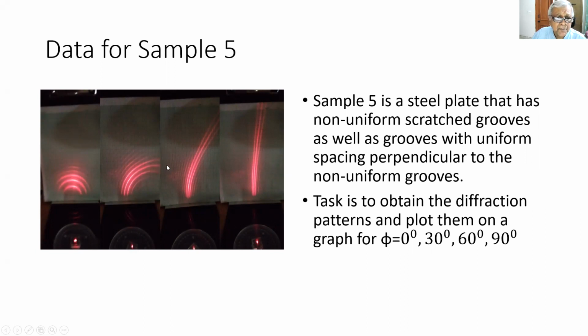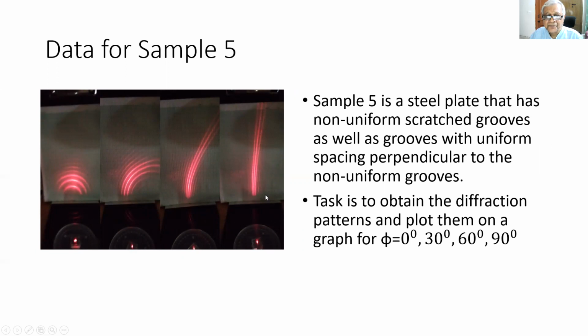Similarly with this, when phi is equal to 30 degrees, the non-uniform scratch grooves are at 30 degrees, and of course the other ones are perpendicular to that, so they would be at 90 degrees, right? And this is at 60 degrees, and this is when the non-uniform grooves are at 90 degrees.